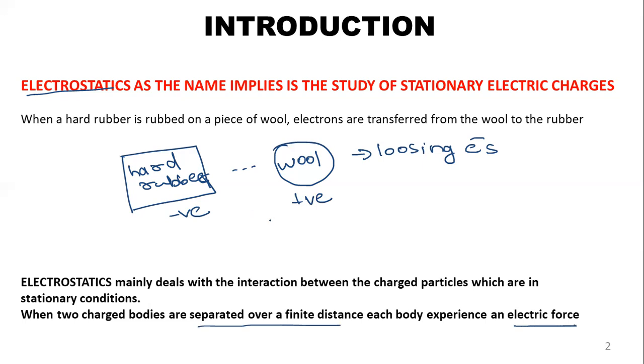So now we are talking about the force between them. Earlier we said that electrostatic charge will be developed when they are rubbed against each other. If these two charged particles are kept at a finite distance, then each of the charges, be it the hard rubber or the wool, experiences an electric force.